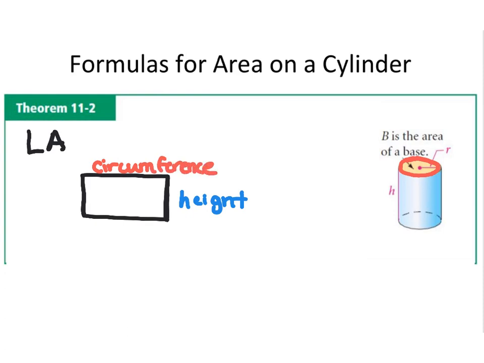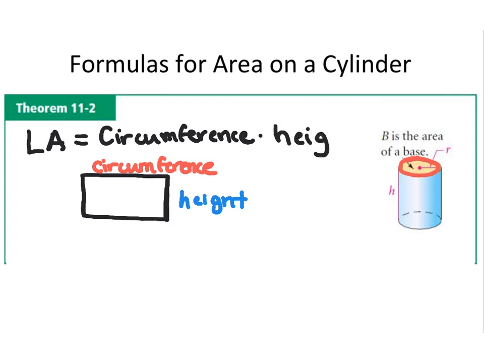So the lateral area equals the circumference times the height. We've already reviewed that the circumference equals 2 pi r, or pi times diameter.